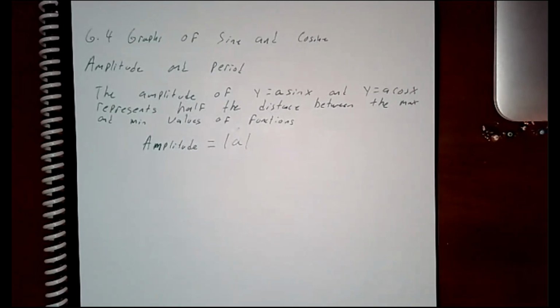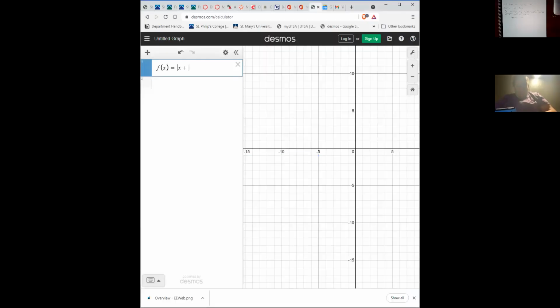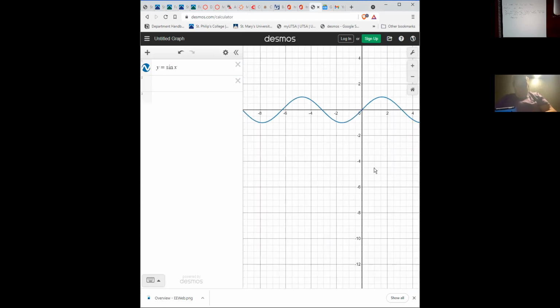Okay, so let me show you what they look like real quick. So y equals sine x. So this is the original sine.